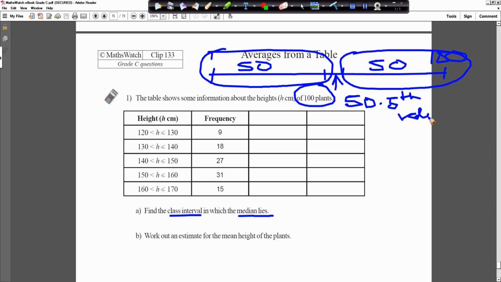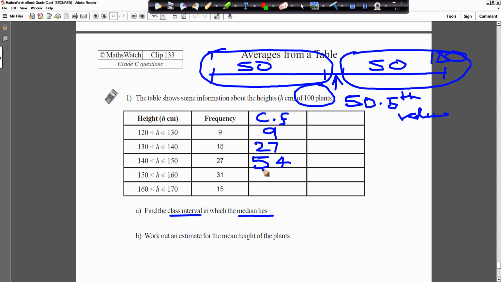Now, what we need to do is work out the cumulative frequency to see where this value is. The first 9 values are in the first group, then we add 18, which gives 27. So the next 18 values take us up to the 27th value. What's 27 plus another 27? 54.